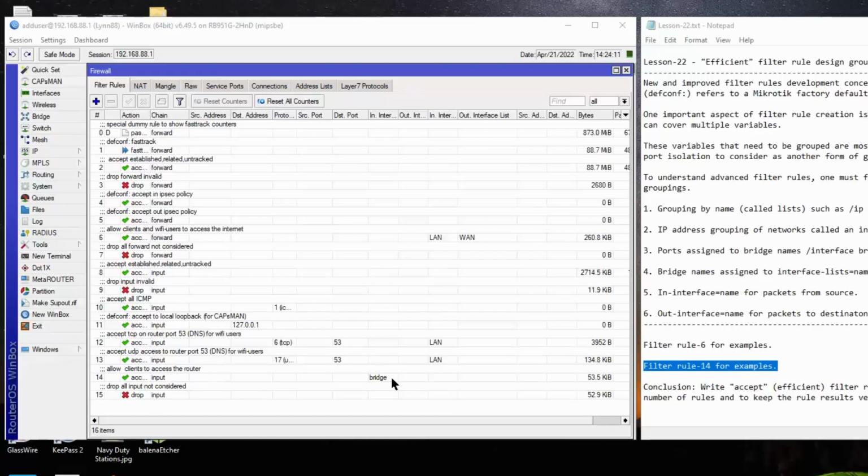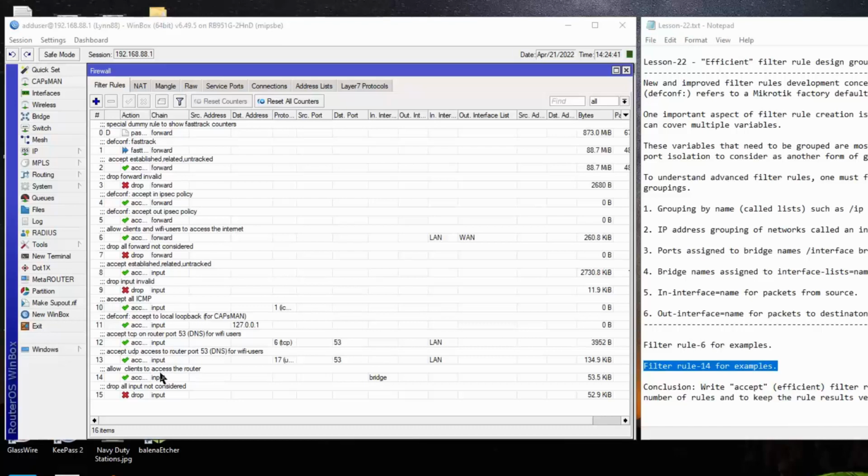Therefore, it wouldn't happen. Notice the input rules start right here. We establish related and untracked. We drop invalid. We accept ICMP. We accept loopback. We accept these two port things we'll discuss in lesson 23. So there is no rule match if the packet came from bridge 1 dash Wi-Fi.